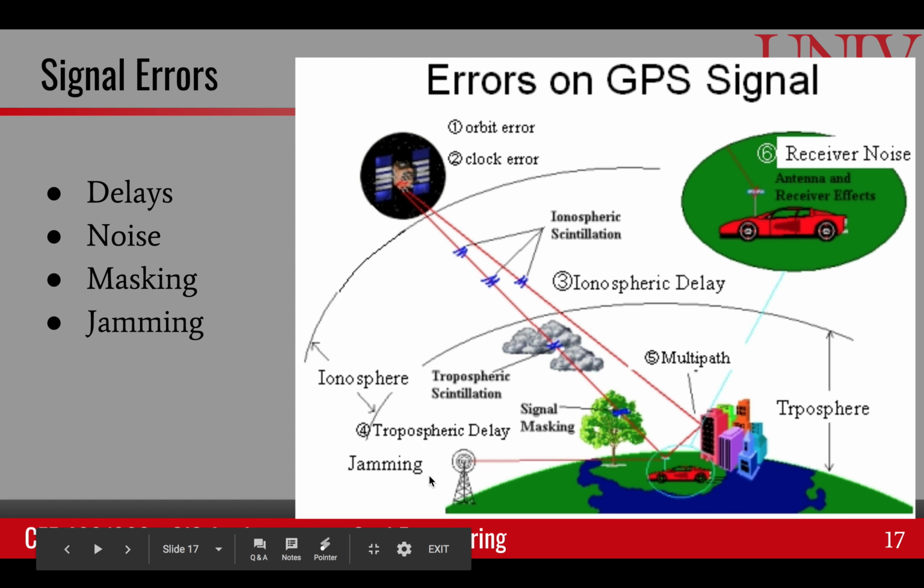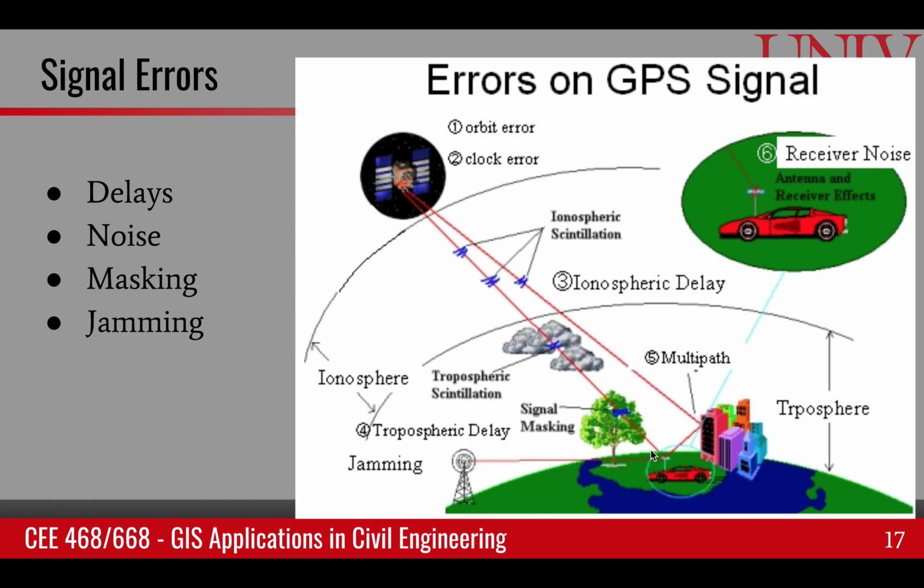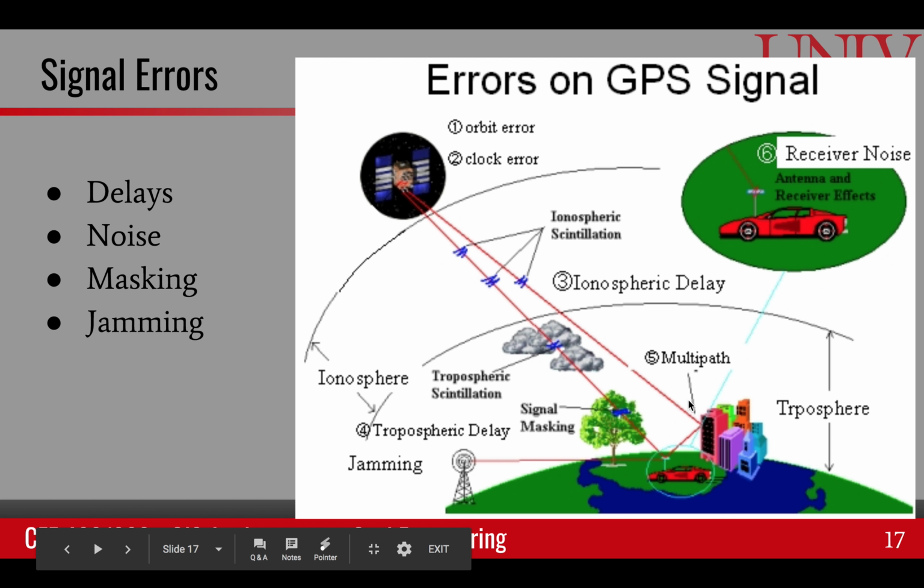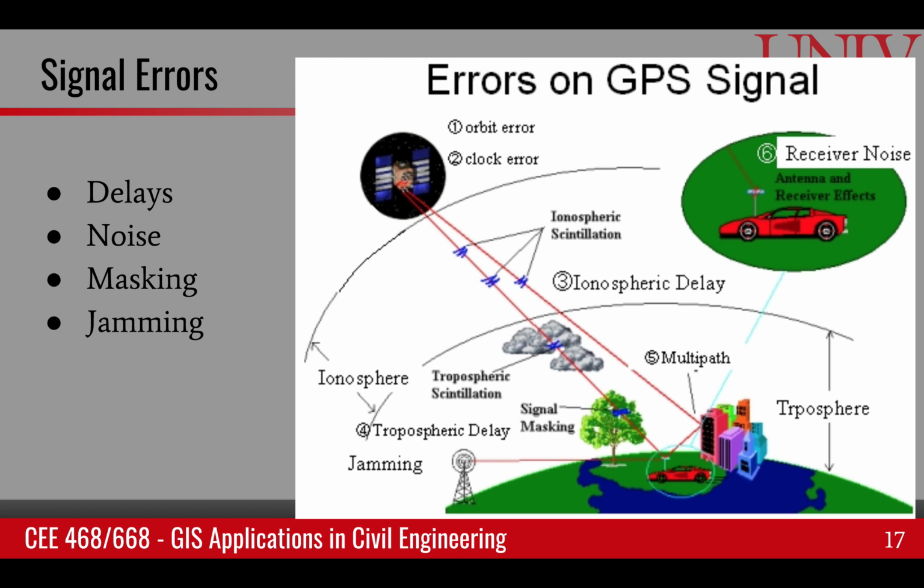There can be other sources of signals in the neighborhood, and if they are the same frequency, they will be jamming the signal from the satellites. And lastly, if your receiver has electronic components like transistors and capacitors, they have noise as well. So that noise can also affect the signal. All of these sources at the end can impact the signal and introduce inaccuracies that show up as an inaccuracy in the position with some bound of plus minus a certain number of feet.